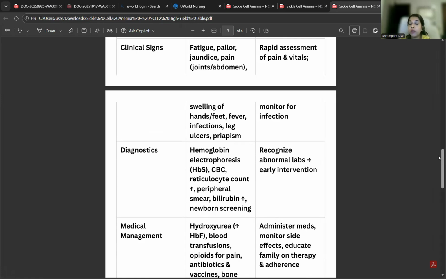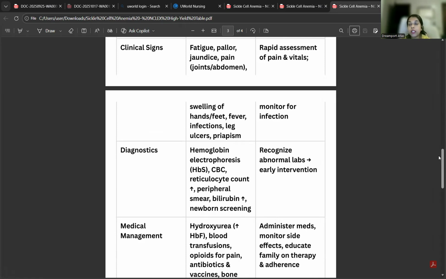In the complete blood count, we can look at the hemoglobin level, and if the client has any infection, the ESR will be higher, and the reticulocyte count will increase. A peripheral smear can be done, and when the spleen is trapping these RBCs, it can cause some shock symptoms also. In the lab investigations, mainly we can look for bilirubin, and we can screen the newborn also to find out the signs of sickle cell anemia.